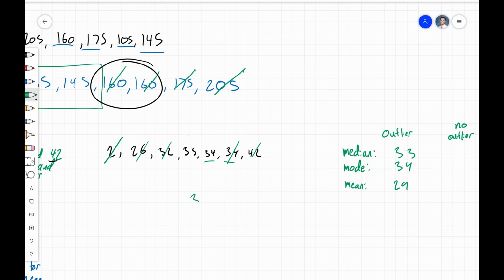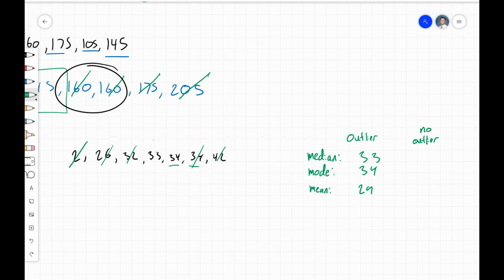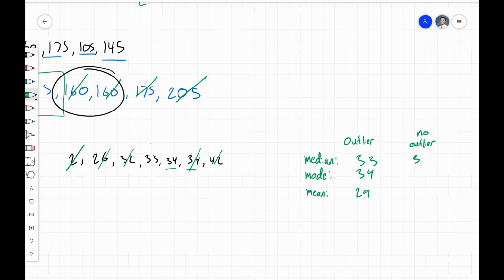We can also calculate that by finding the mean of those two. 33 plus 34 is 67, and 67 divided by 2 is 33.5. So when we ignore the outlier, our median is 33.5. Our mode is still 34.